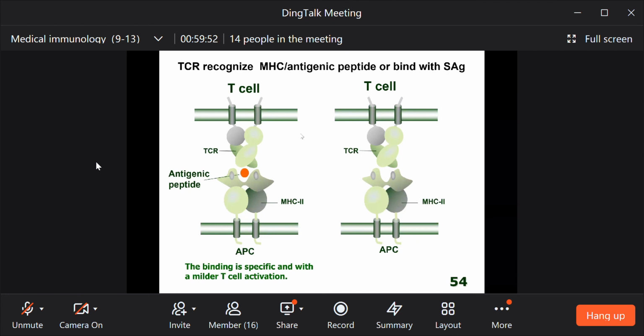How do the TCR and MHC class 2 come close or touch each other? Just by the superantigen. The superantigen acts as a link between the TCR and the MHC class 2.